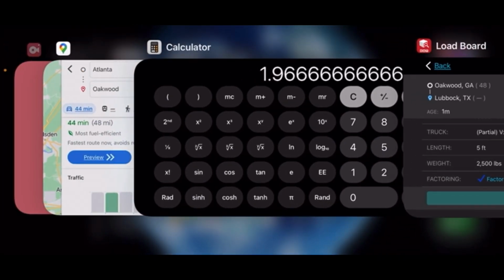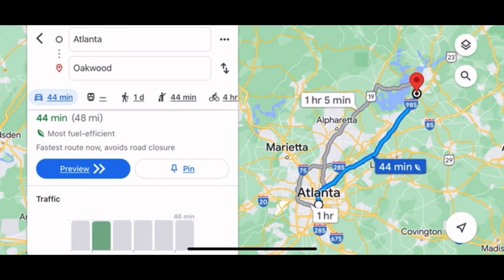Okay, so that's how you figure out your deadhead. It's the same way we did the calculation on your rate per mile. The next part I'm not going to break down too much, because it all depends on your truck. I will explain it.